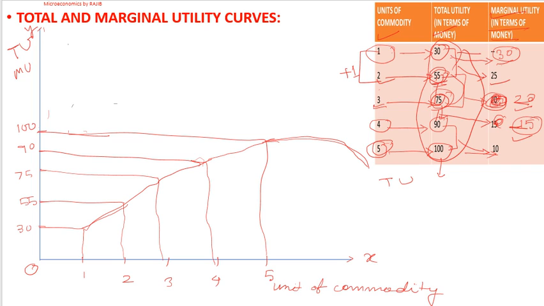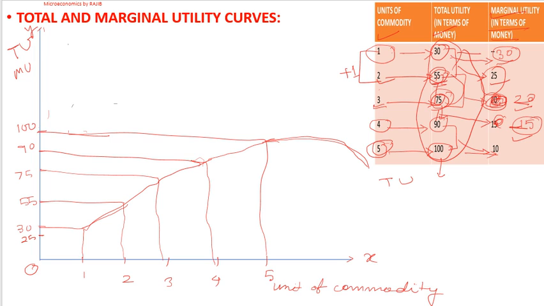Now we will draw the marginal utility curve. First of all, there is nothing for the first unit. From the second unit, in the marginal utility column we have 25, so mark 25 here.